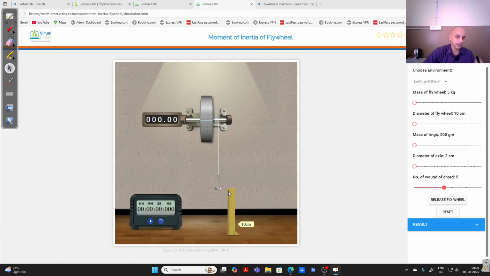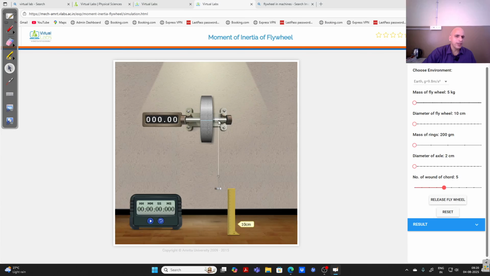So obviously it has some potential energy, so it will start descending downward. When it is descending, this flywheel will start rotating. Before this mass gets detached from the axle, how much rotation will this flywheel take? Obviously 5.